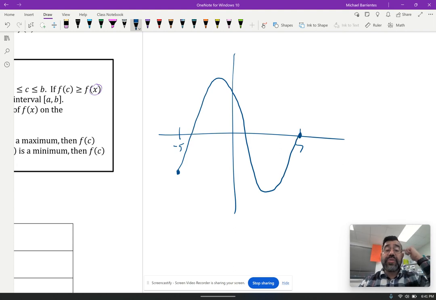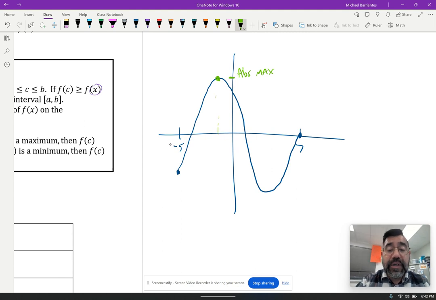So I'm working on a closed interval between -5 and 7. When we talk about absolute maximum, the absolute maximum would occur here. Whatever this y value is, this would be the absolute maximum. It is the highest function value within x equals -5 and x equals 7.